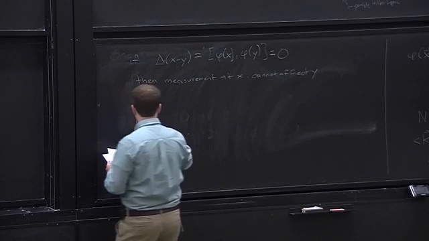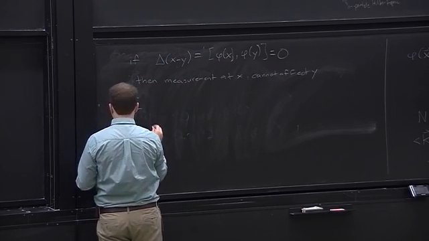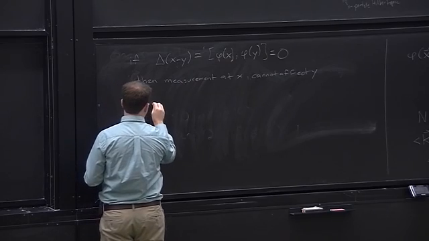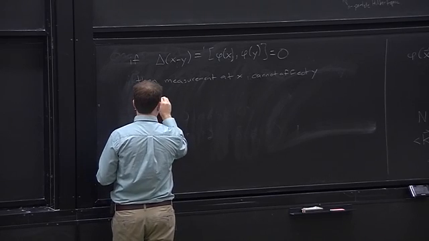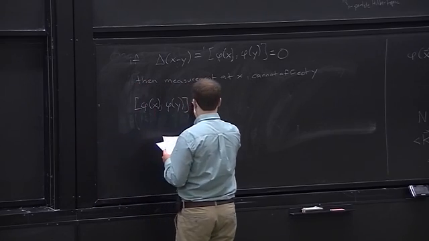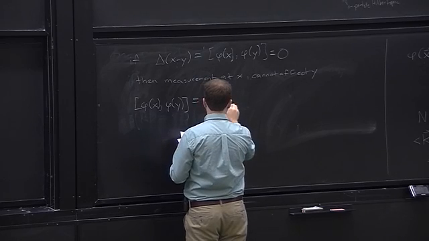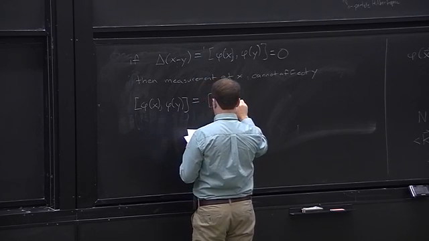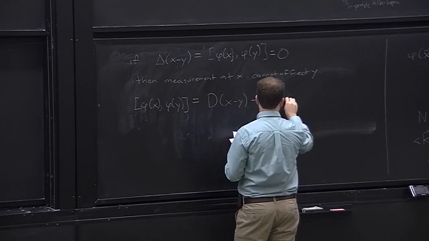So I want to check that causality is observed. We need to compute this commutator, which is equal to d of x minus y minus d of y minus x.